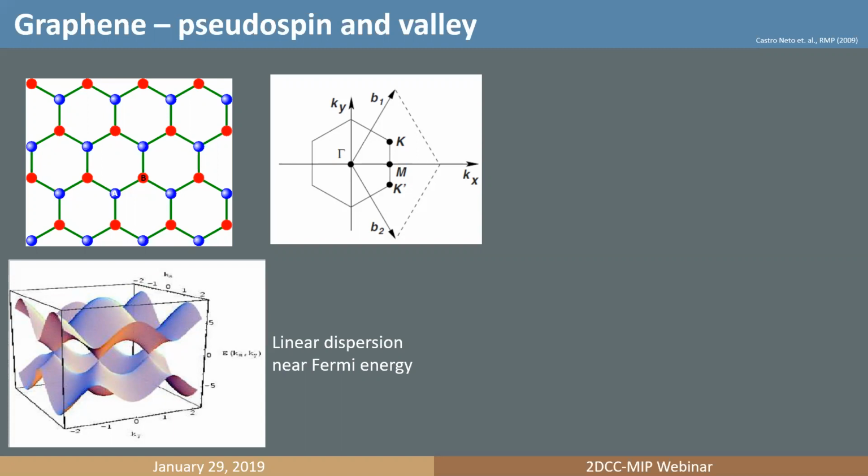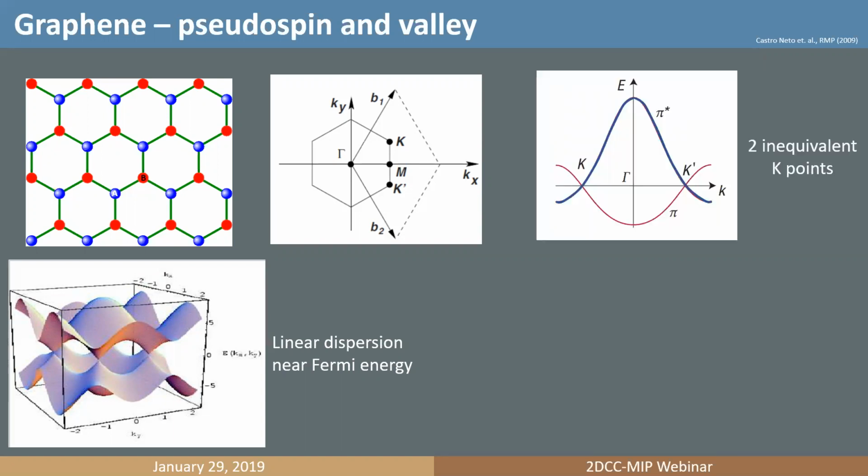And if we take a line cut like this, what we see is that the bonding and the anti-bonding orbitals cross each other at the corners of the Brillouin zone. Now these K and K prime points are two inequivalent momentum points, just like there are two inequivalent lattice points in real space.